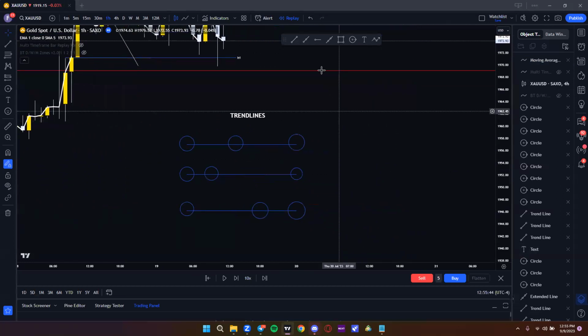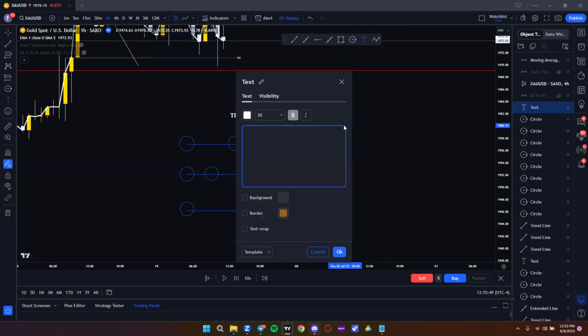So for trend lines, the basic rule, the main one, is that point one and two must tap into closing price.